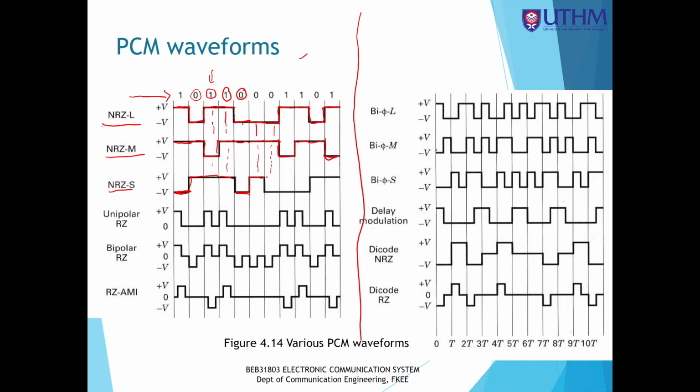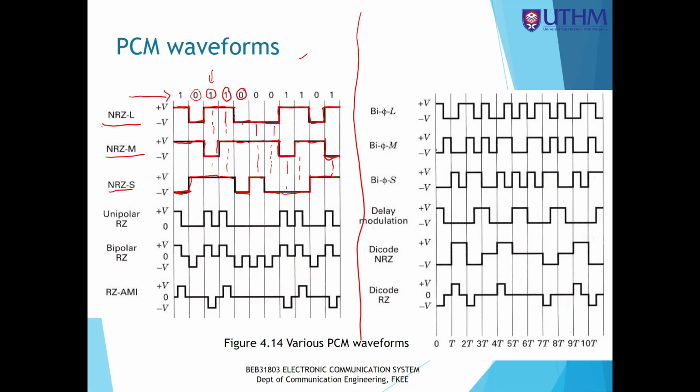Another input 0, change polarity from positive to negative. Then input logic 1, no change, again no change. Then input logic 0, change polarity to positive. Input logic 1, no change. So that one is NRZ space, S.